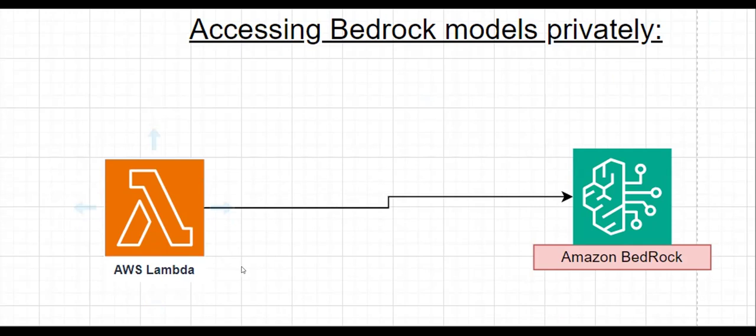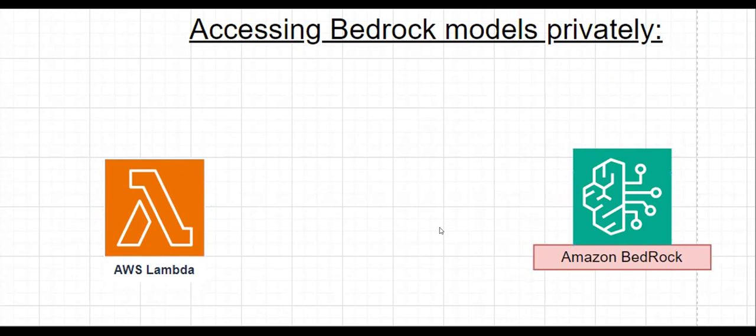Obviously, private subnets do not have any access to the internet. So this Lambda function cannot connect to Bedrock through the internet. Okay, now the Lambda function is in a private subnet and it is secure, and through the internet I cannot connect to these Bedrock ML models.